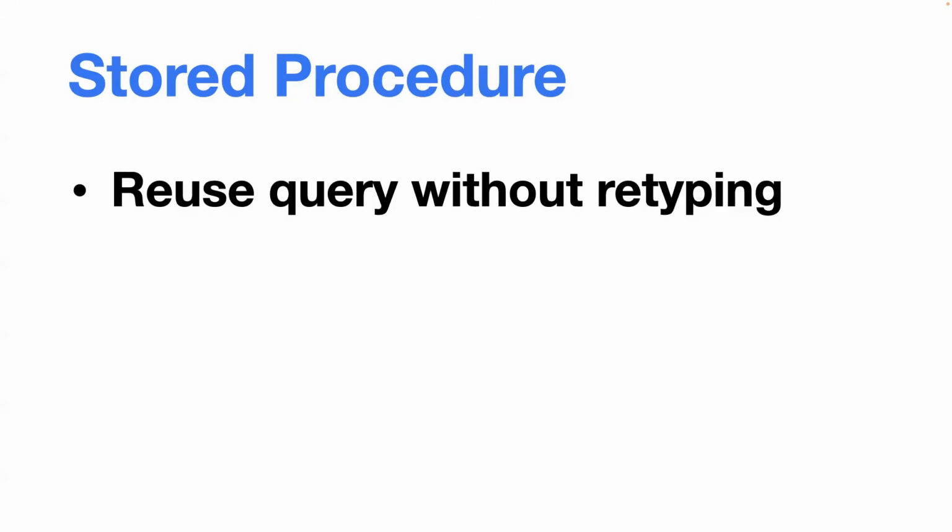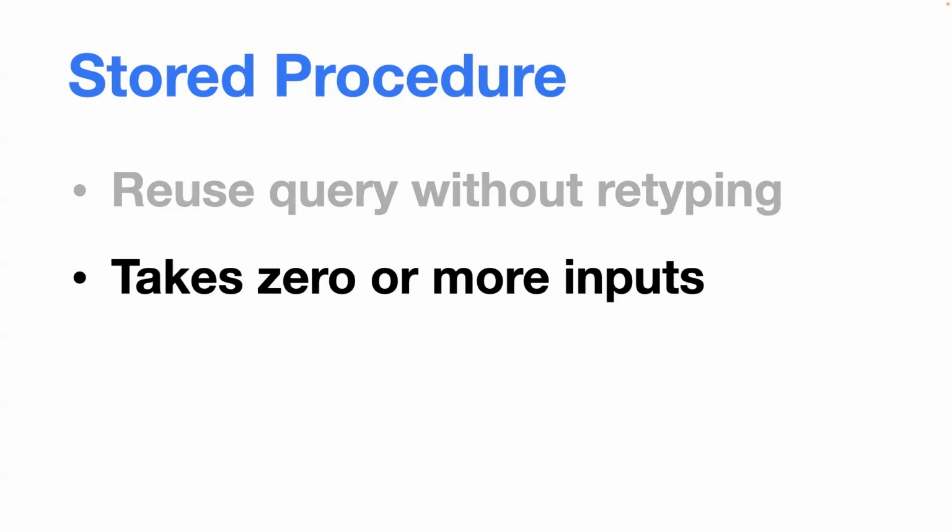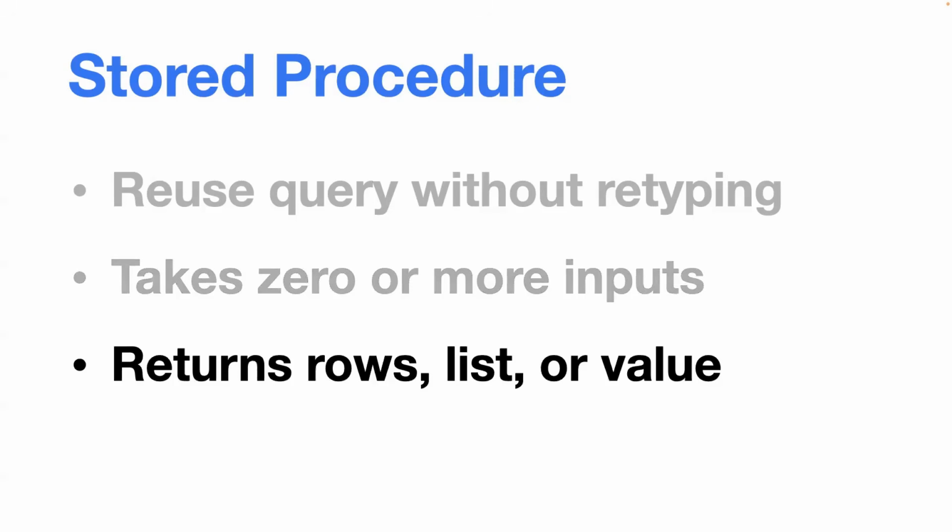A stored procedure has the additional benefit that it can take 0 or more inputs. So you can configure an input, and the entire query that you have saved is going to be executed using the input or the inputs that you provide to the stored procedure. And the stored procedure is just like a normal SQL statement or query.